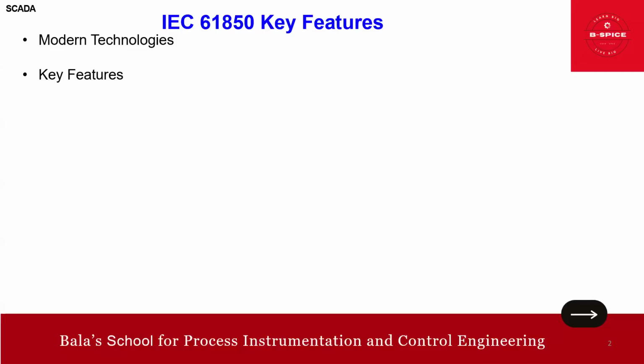It's a communication protocol defined by the IEC 61850 standard. Basically, it's designed for fast and reliable data exchange between intelligent electronic devices, IEDs, in an electrical substation. I'm going to dive deep into that in a later section. So let us go into the features first.